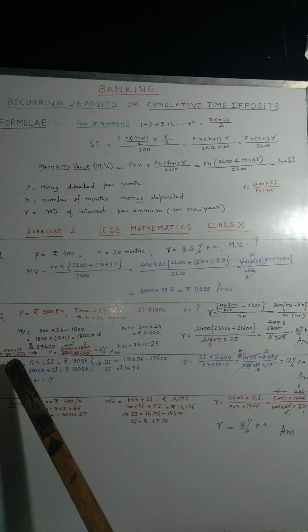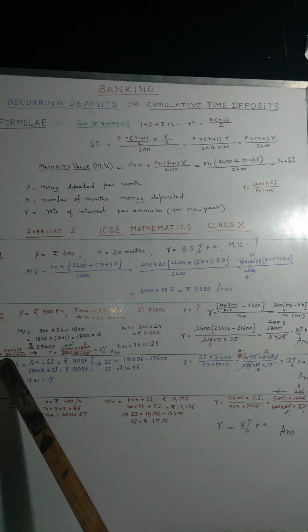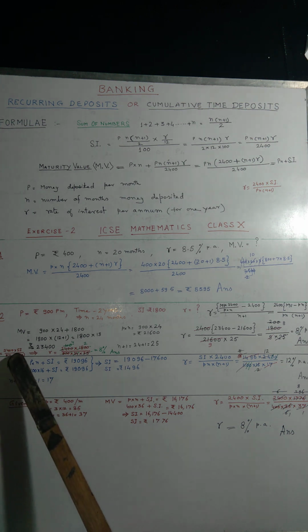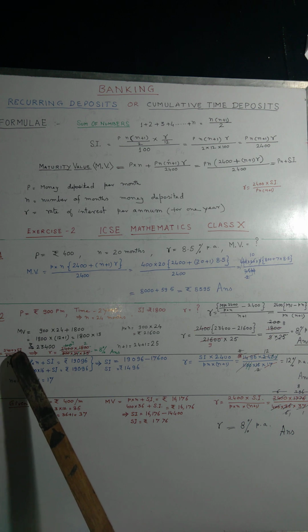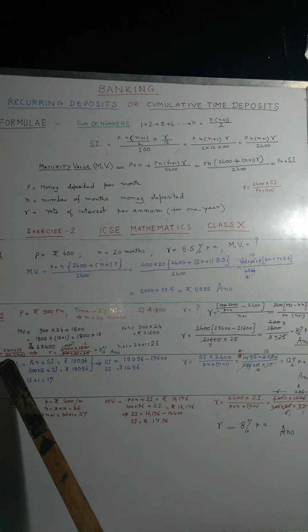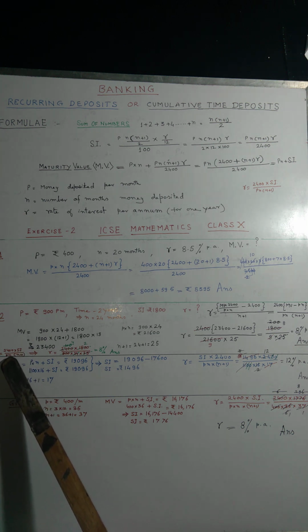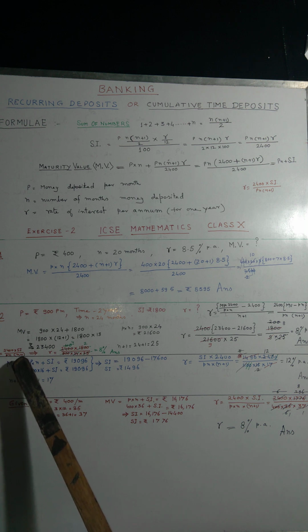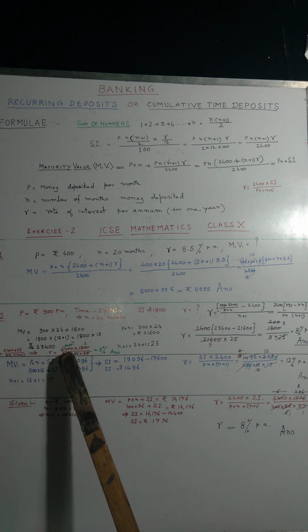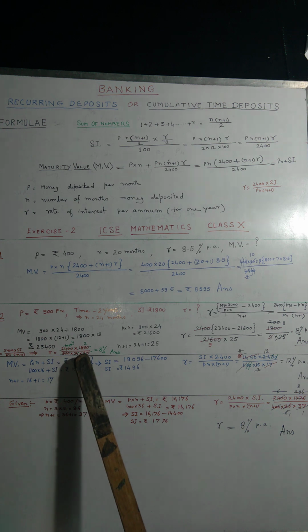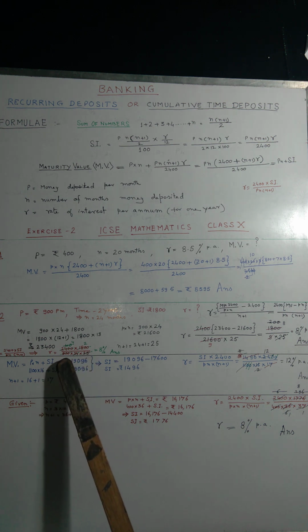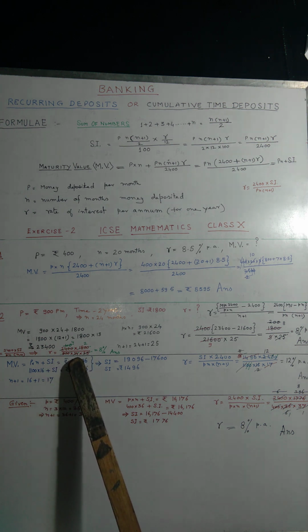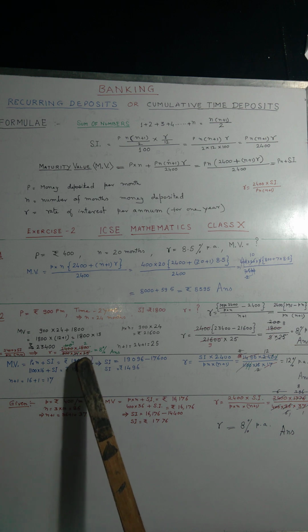It can be easily solved by using this formula: rate is equal to 2400 into simple interest whole upon P into n(n plus 1). So the rate of interest will be 2400 into 1800 whole divided by 900 into 24 into 25.